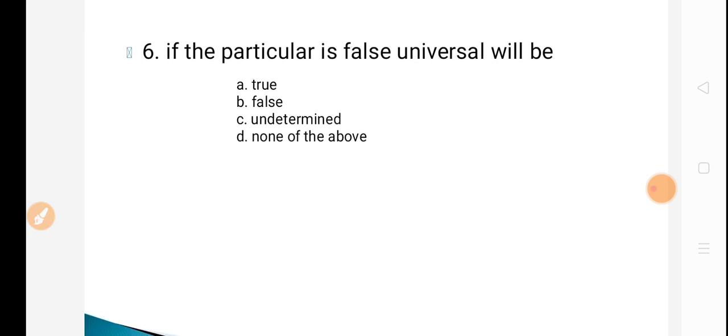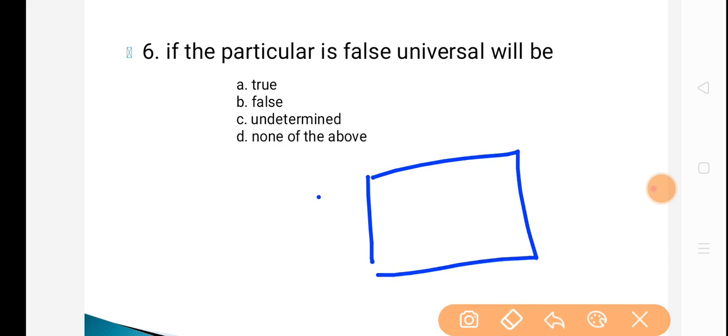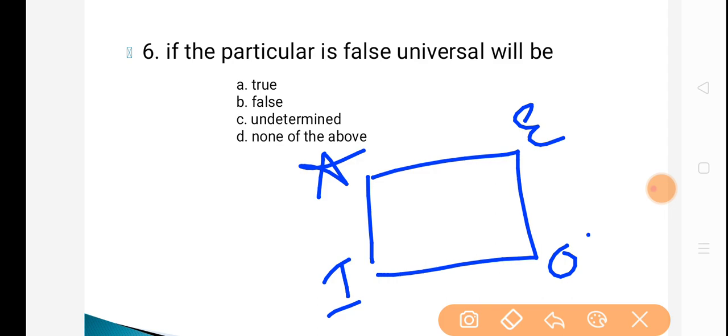Sixth question. If the particular is false, the universal will be. I'm also drawing the same picture here, A, E, I and O. So what does it say? If the particular is false, the universal will be, the subalternation. What does the subalternation say? If the particular is false, it will move toward the universal proposition.